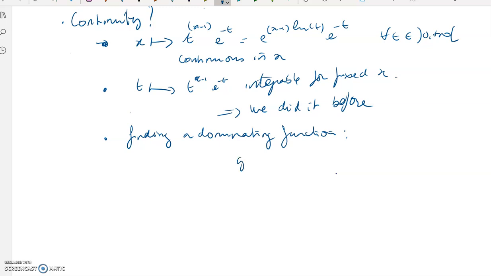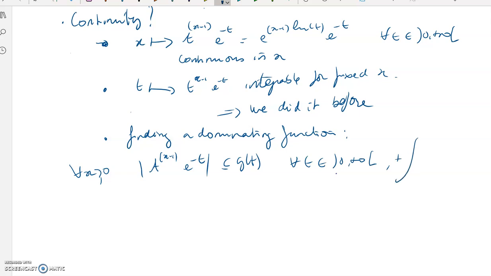We need to find g of t, independent of x, such that it's going to be bigger than this t^(x-1) e^(-t), for all x greater than 0, and for all t in 0 plus infinity, and furthermore, we need the integral of g to be bounded. Okay, g has to be integrable. This is where problems begin.